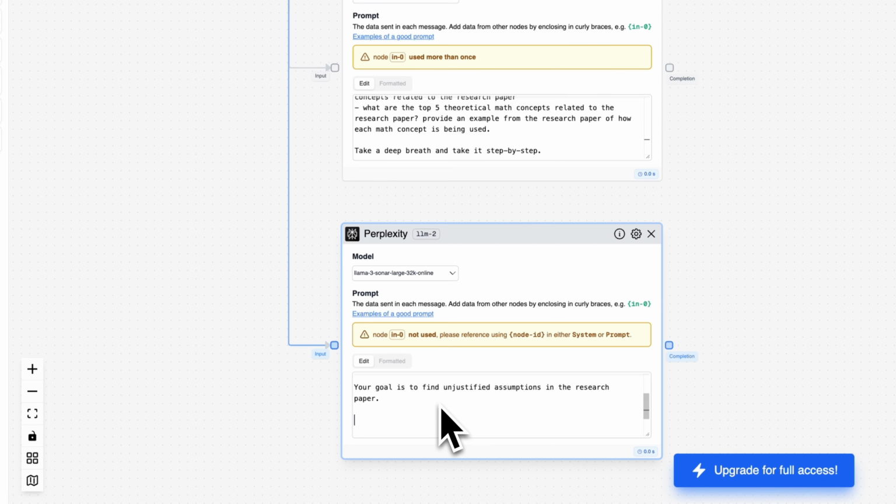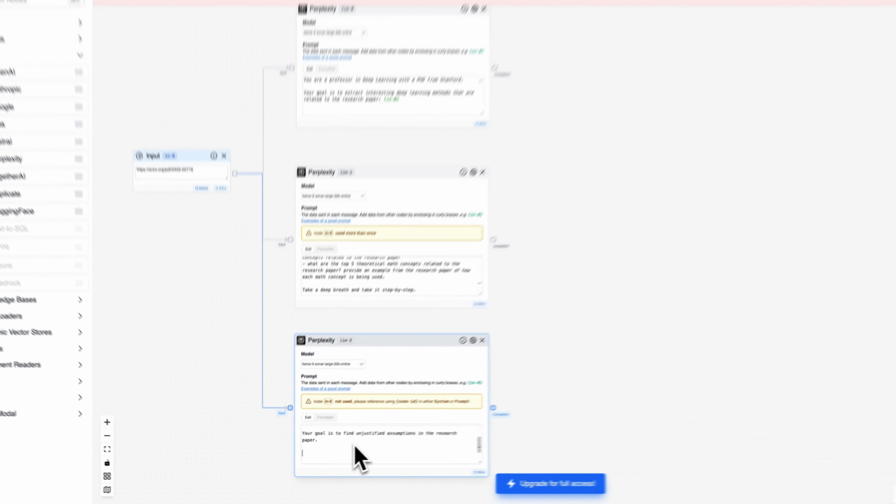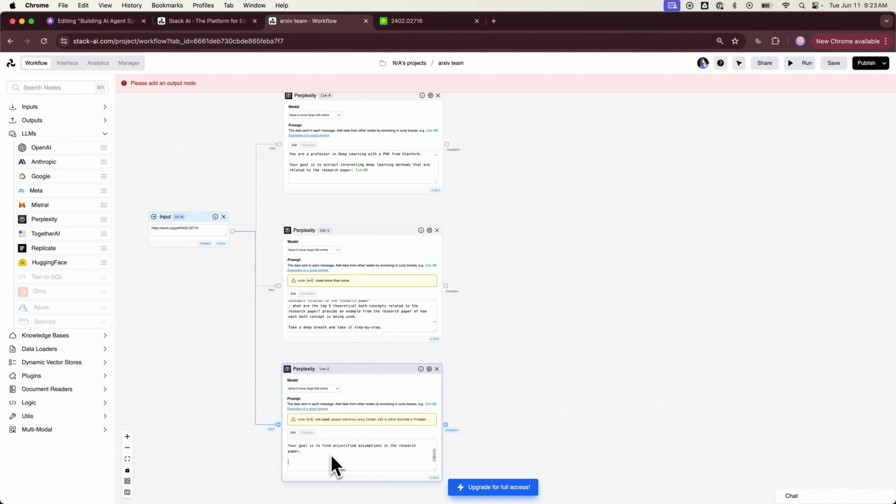And then I don't want it to ramble, so I just want to say your writing style is Spartan, factual, and scientific. Okay. And then similar to the math professor, I am going to give it some steps as well. Let's see if that helps. So read and understand the research paper. It's the inputs. Think about ideas in the paper that seem unjustified and lack supporting evidence.